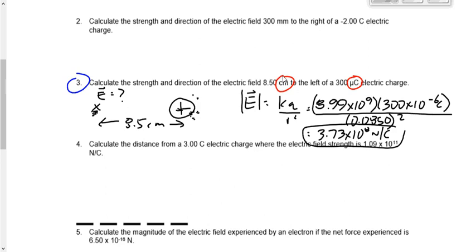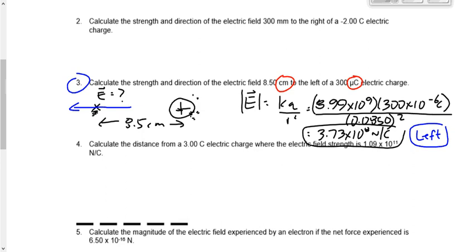When I gave you the answers to this worksheet, I told you the answer was to the left. Okay, how do you know it's to the left, though? The electric field is the way that a positive particle moves when placed in the field. It's also defined as away from the positive.